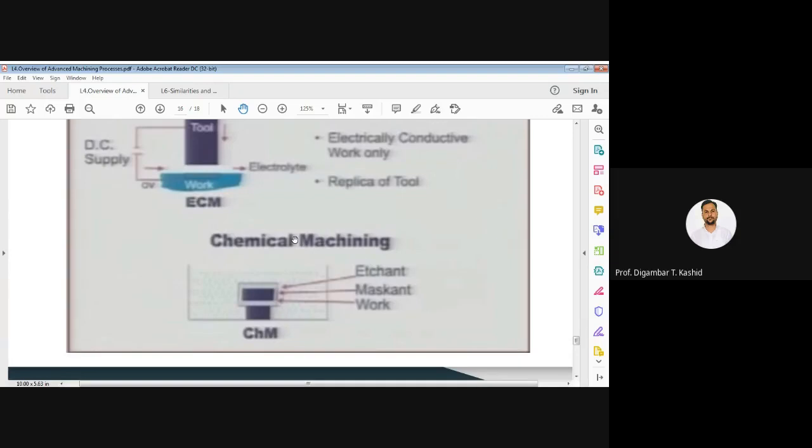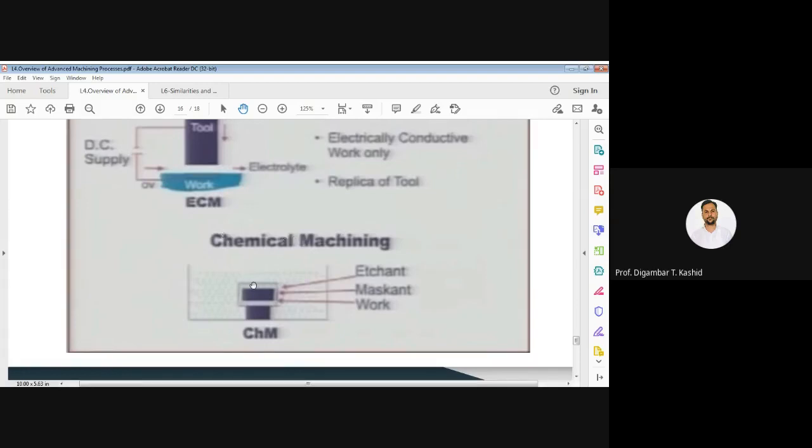And etchant is a chemical that will react chemically with your workpiece surface, and wherever the etchant reacts, the material will be removed from that part of the surface. So remember what etchant and maskant are.